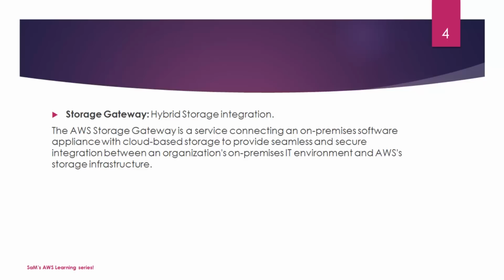AWS Storage Gateway is a service connecting an on-premise software appliance with cloud-based storage to provide seamless and secure integration between an organization's on-premise IT environment and AWS storage infrastructure. So it will help you to connect your own IT environment with AWS storage infrastructure. You get to move your data to AWS infrastructure.